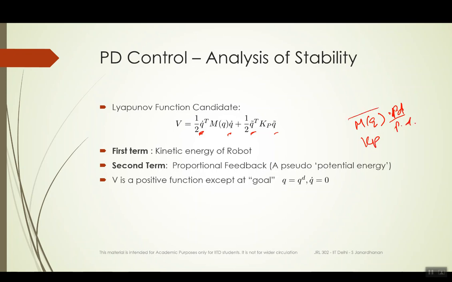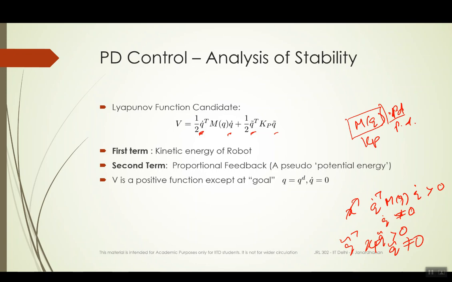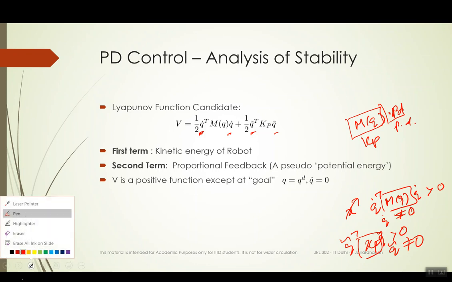It just means that Q dot transpose M Q dot is greater than 0 whenever Q dot is not equal to 0, and Q tilde transpose Kp Q tilde is greater than 0 whenever Q tilde is not equal to 0.